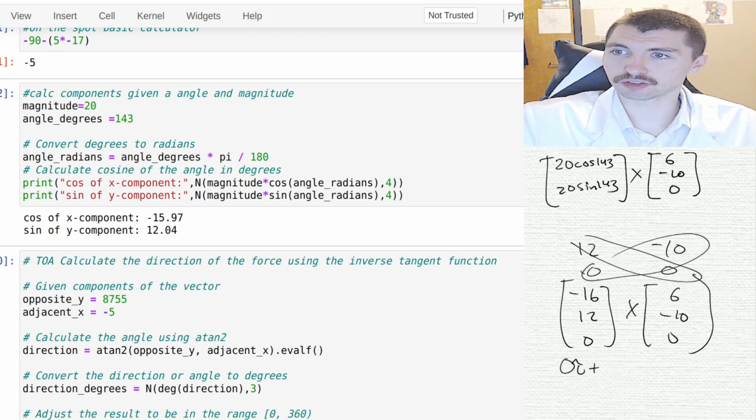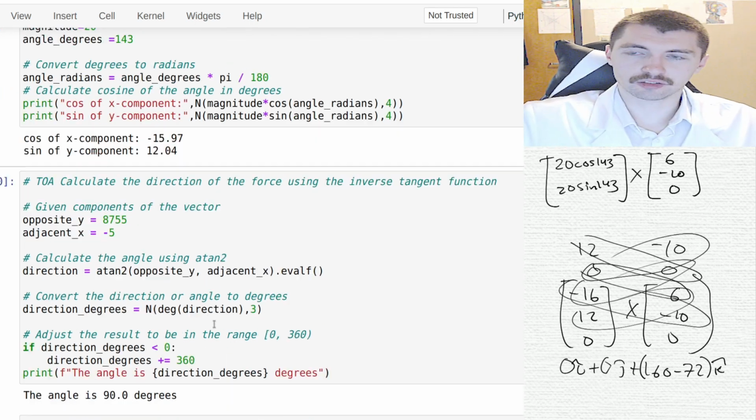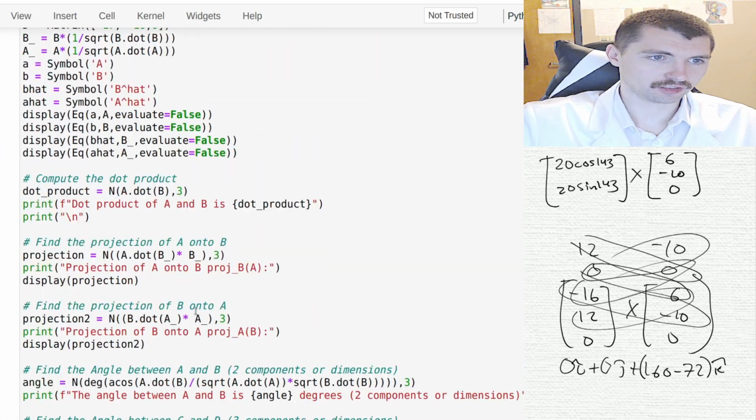So we're going to get 0i plus 0j plus 160 minus, what is that, 60, 72, okay. Let's verify.